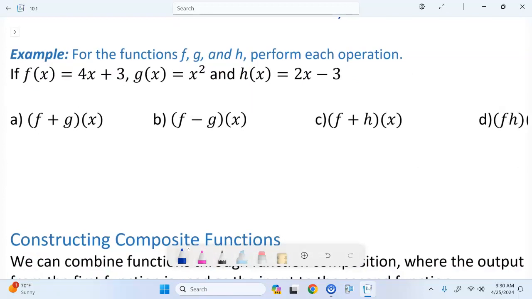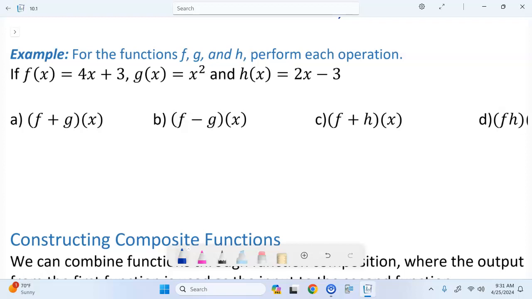I have h of x, g of x, f of x here. The functions can be anything. A lot of times for profit in business, we'll have p of x. We dealt with projectile motion, height over time, h of t. These are all functions, so we can use any letters for them. F of x is just kind of the default, but we can use any letters to represent the function.